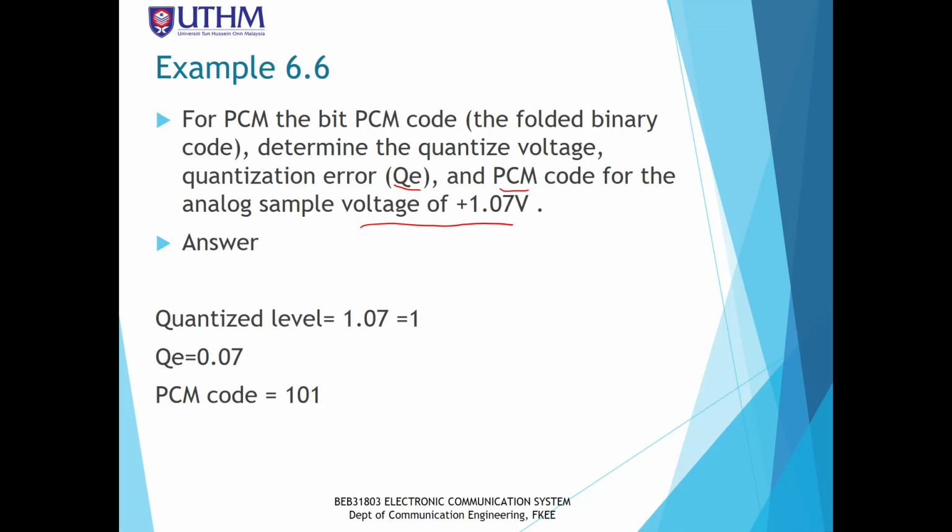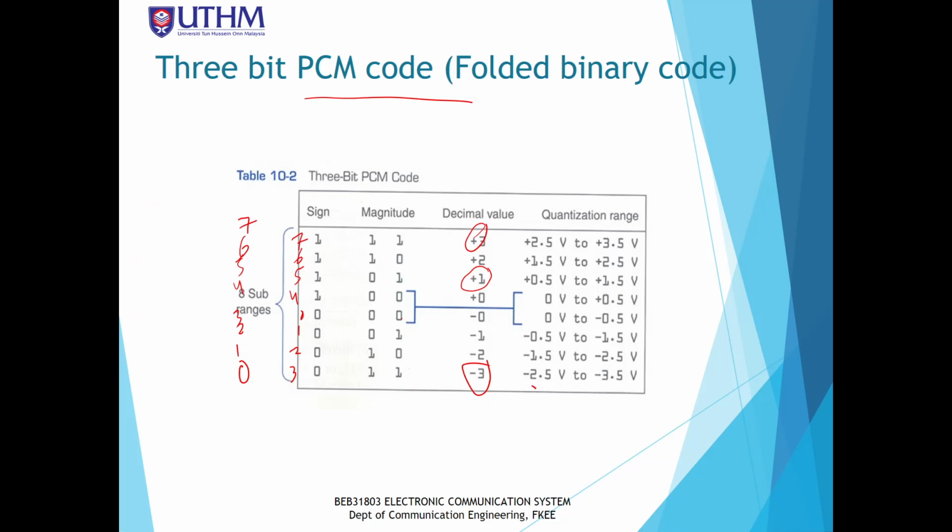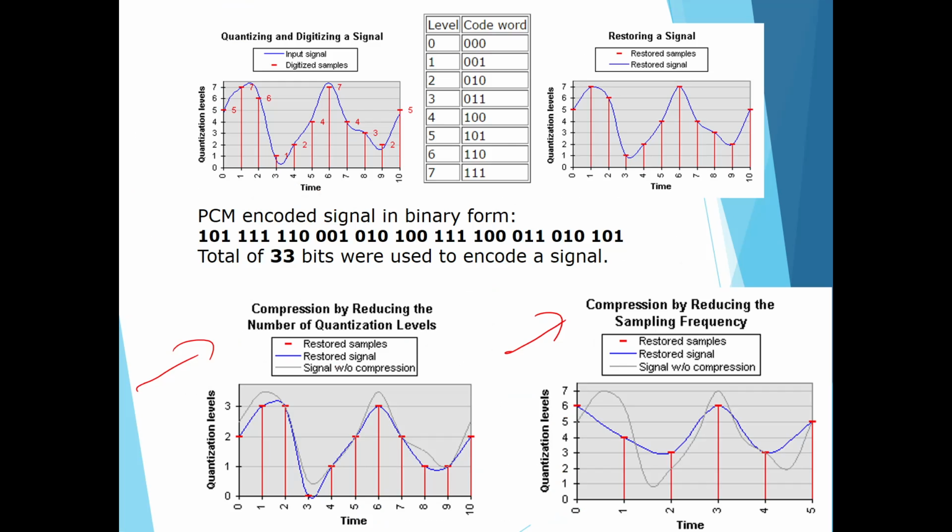So 1.07 quantized to 1. Ini yang folded binary, example folded binary yang ini. So 1.07 is between this range. So you quantize to the nearest value is 1 volt. Okay.